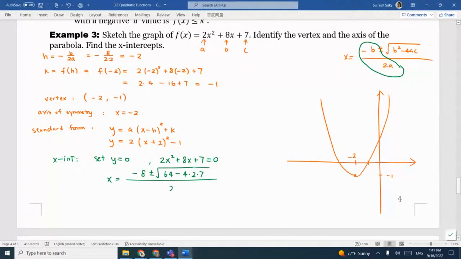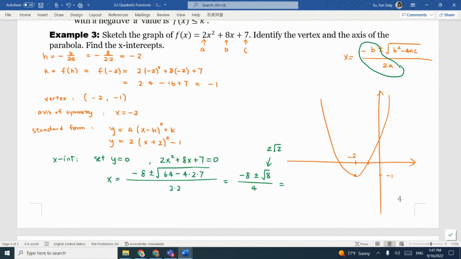So over 2a, and a is 2. Okay, good. So negative 8 plus or minus... 4 times 2 is 8, times 7 is 56, right? 64 minus 56 is 8. Square root of 8 over 4.